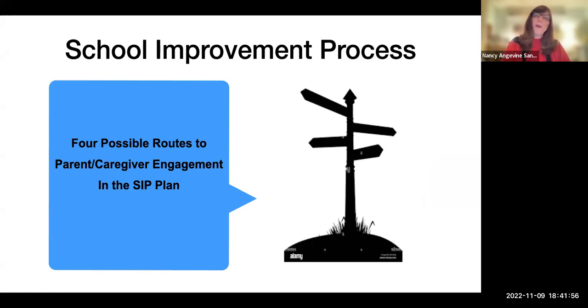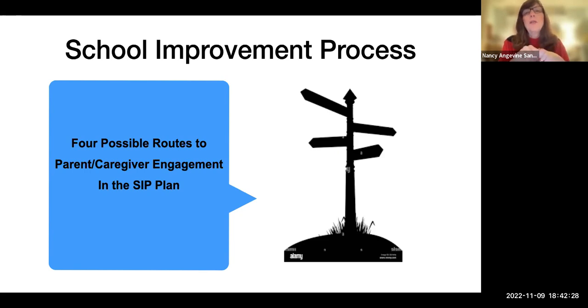So there are 4 possible routes to parent-caregiver engagement in the SIP plan that the TDSB is putting forward. And very soon, I hope, there should be coming to all schools a brochure that can be made available to the parents and caregivers, explaining what the SIP is, what a parent caregiver role in the SIP is, and why it's important.